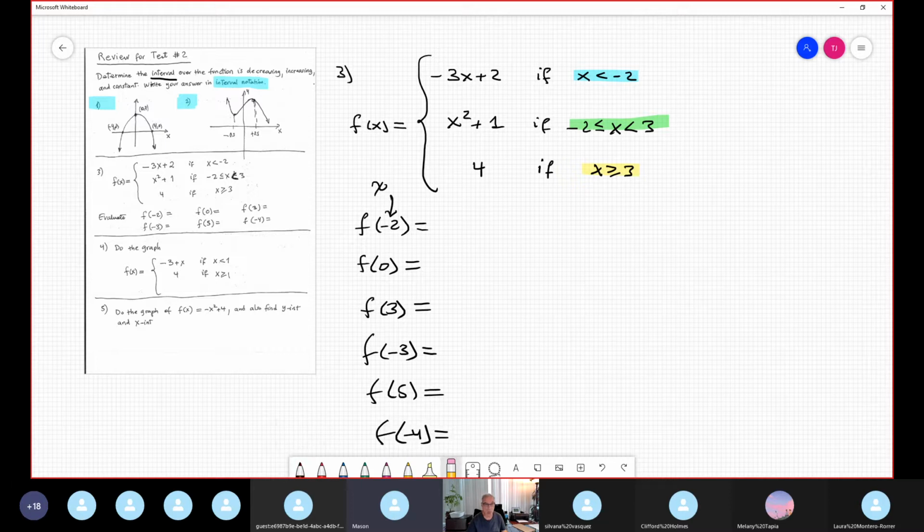You have no idea what is my question? My question is, in this example number 1, I know that x is equal to negative 2. So I need to make a selection. The piecewise function has 3 pieces, and you select which piece you use according to the interval where negative 2 lies.